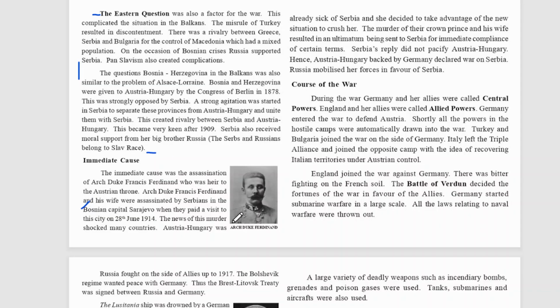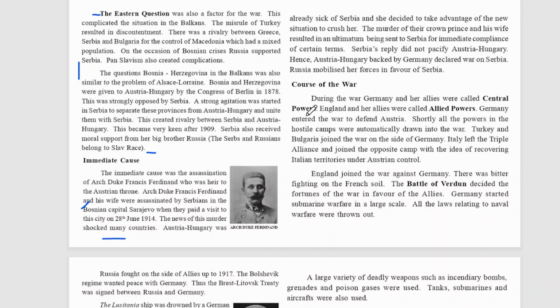The news of this murder shocked many countries, and Austria-Hungary was already sick of Serbia. So these are the immediate causes of World War One, and she decided to take advantage of the new situation to crush her. The murder of their crown prince and his wife resulted in an ultimatum being sent to Serbia for immediate compliance with certain terms.